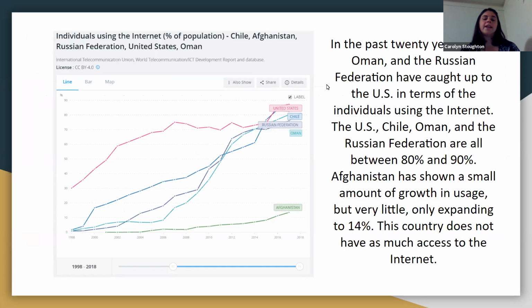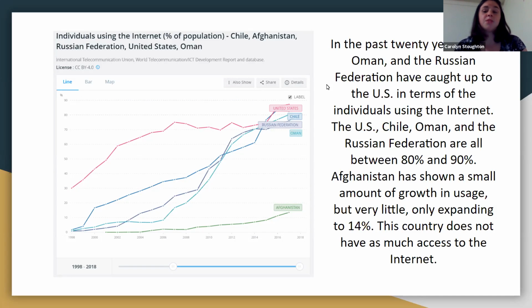in each country. Now, the US used to be well above all the other countries, but now Chile, Russian Federation, and Oman have increased to about the same as the United States. All four of those countries are in between 80 and 90% range for the amount of people who use the internet.